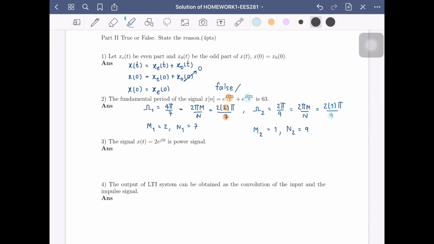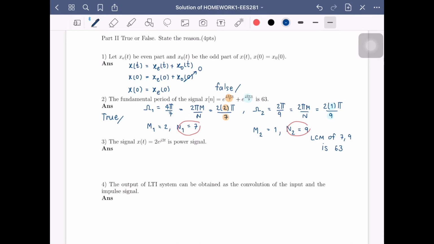This is 1 and 9. Then we have n1 equal to 7 and n2 equal to 9. Then we have to find the LCM of 7 and 9, which is equal to 63. So our fundamental period is equal to 63, which means this one is true.